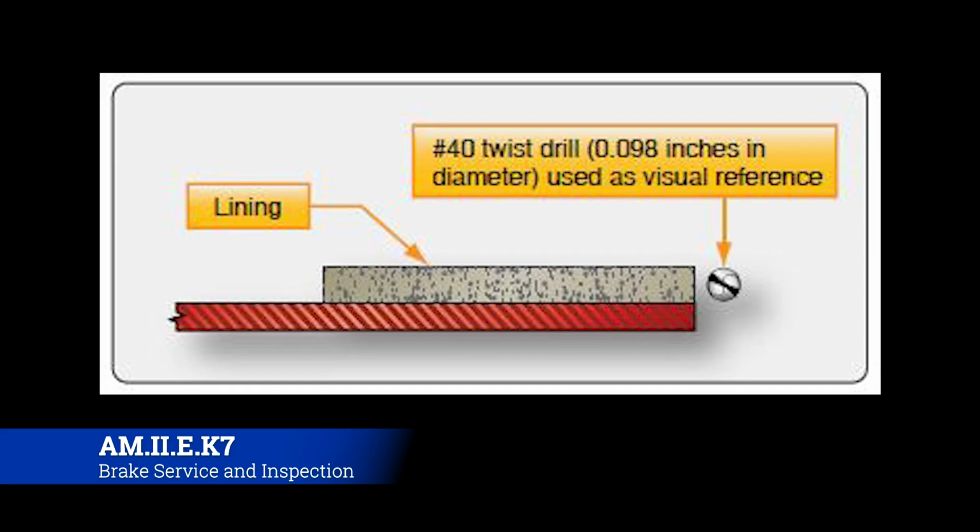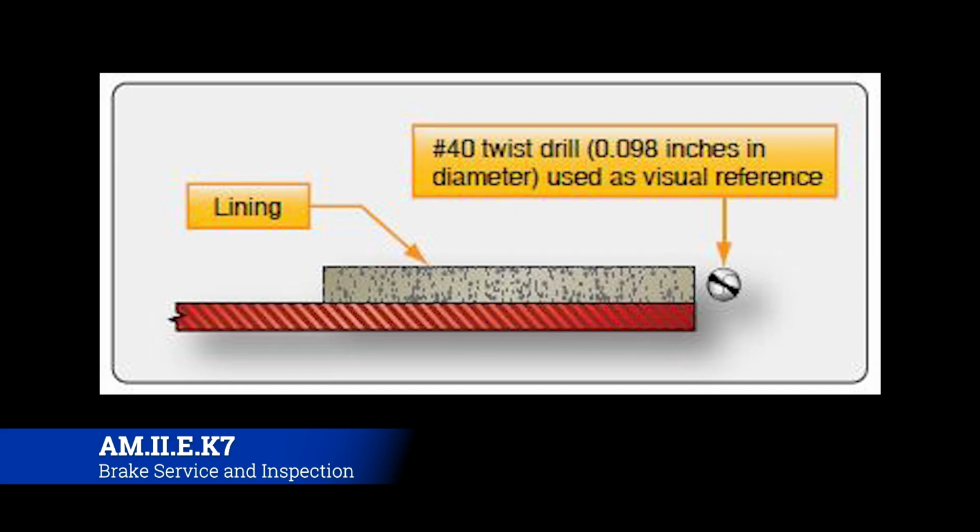You simply can take the drill and lay it in the gap between the disc and the housing, and as long as there's plenty of play in between either side of the drill, then you know that there's plenty of brake lining left. If it gets to the point where you apply the brakes and you can't fit a number 40 drill bit in between the two, then you know it's time to replace it.